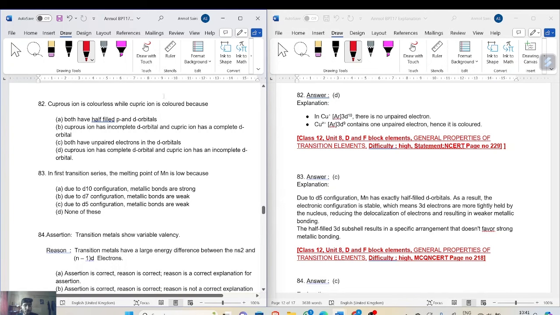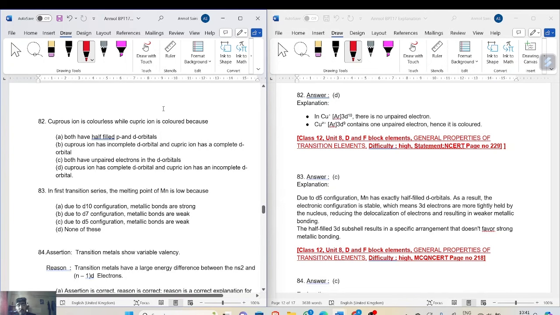For showing color and colorless, we can answer by using the concept of unpaired electron. If it has unpaired electron, then it will show color. If it doesn't have unpaired electron, then no color will be shown. So we will do the same here.